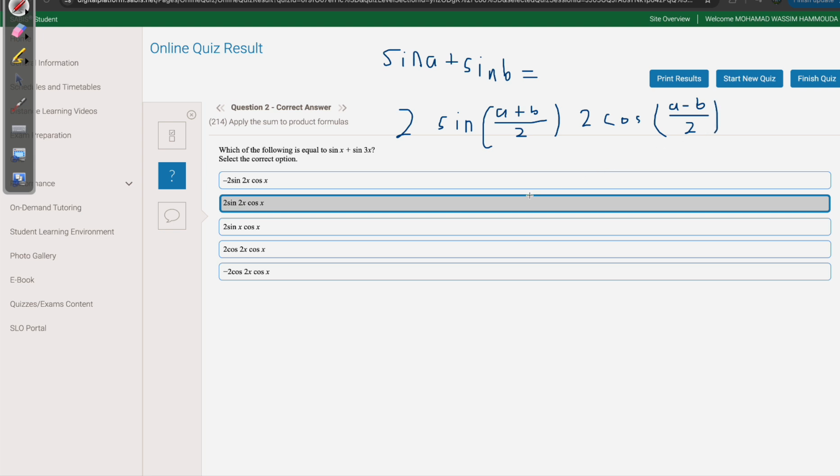Okay, so let's start with the rule. So 2 times sine (3x plus x) over 2 is 2x, times cosine (1 minus 3) over 2.